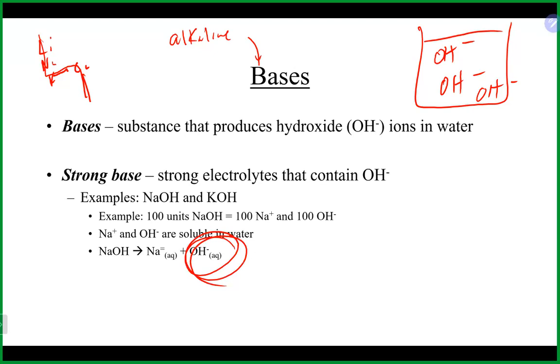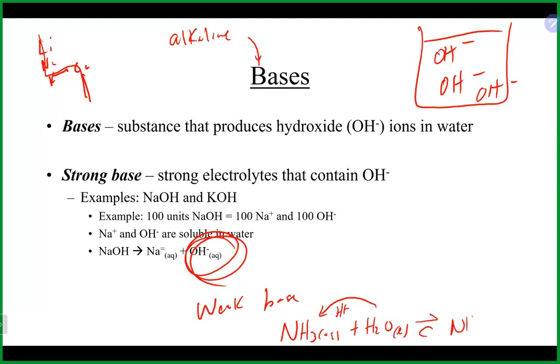Not all bases have hydroxide in their formula, but they're able to produce hydroxide. Probably the most common weak base that you'll come across is ammonia, and ammonia is NH3. When ammonia is in water, what actually happens is ammonia picks up an H+ from water, and it makes some ammonium and some hydroxide, or ammonium hydroxide.